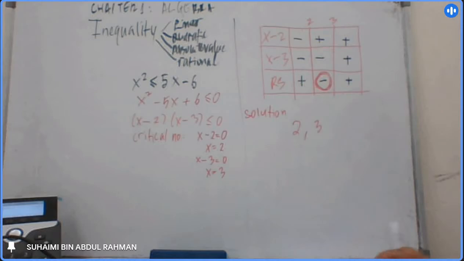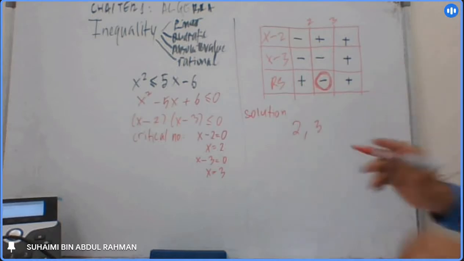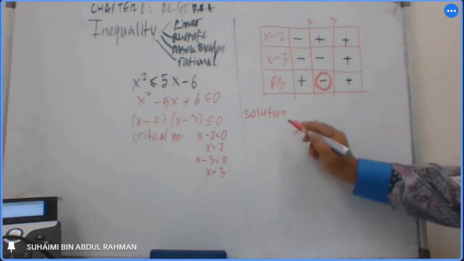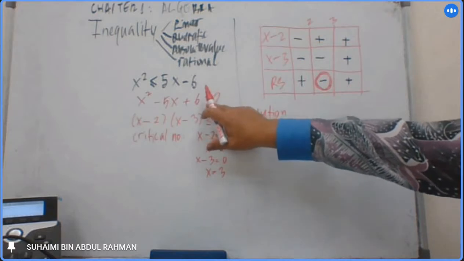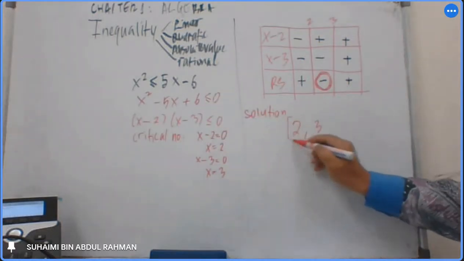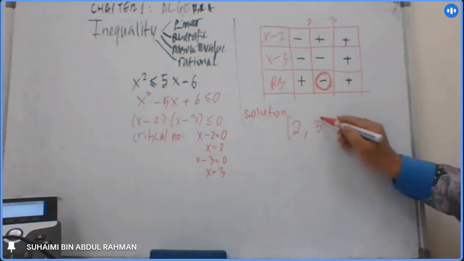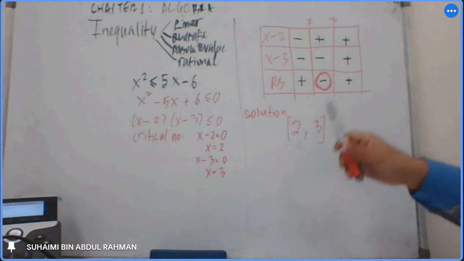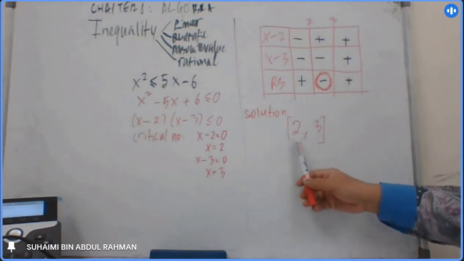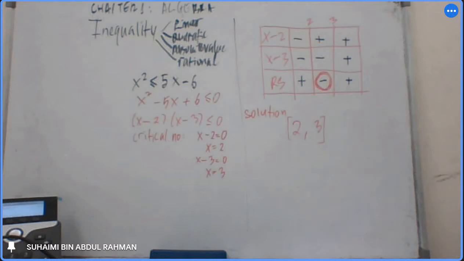But we need to make sure whether we close or open the bracket. Is 2 included? You have to look at the sign here, which is the sign of inclusion. It means the value of x must be located between 2 and 3 and must include both of them. That's the solution.